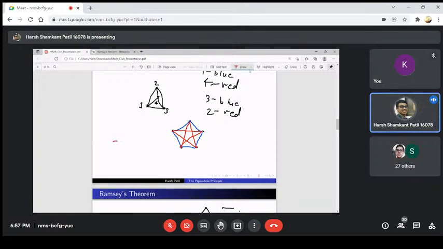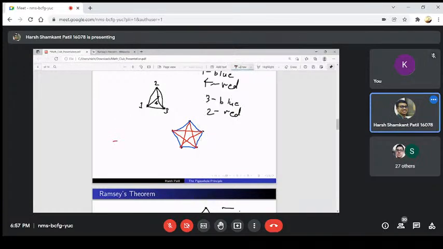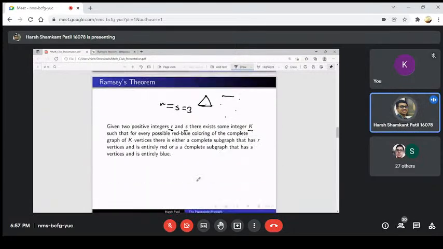Let me go back to red, black. So we call it the Ramsey number of r comma s. The theorem states that there is a large enough integer K such that we have either a red complete subgraph or a blue complete subgraph.